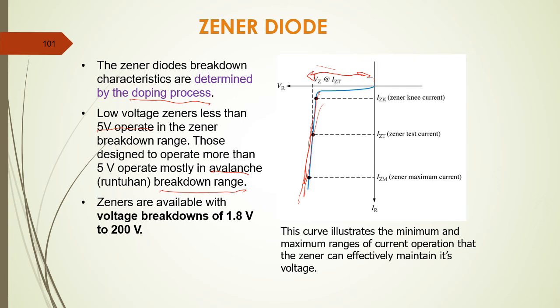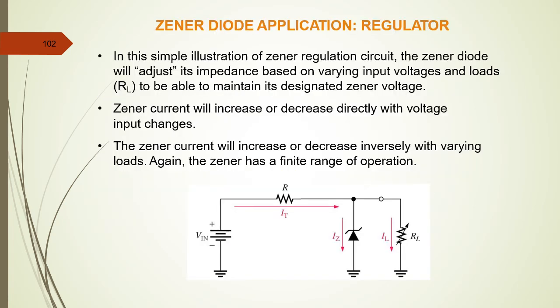This illustrates the minimum and maximum ranges of current operation in which the Zener can effectively maintain its voltage. When it is given a high current value, it still maintains the voltage across the Zener diode.